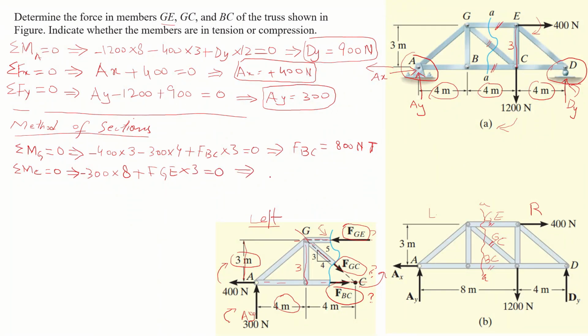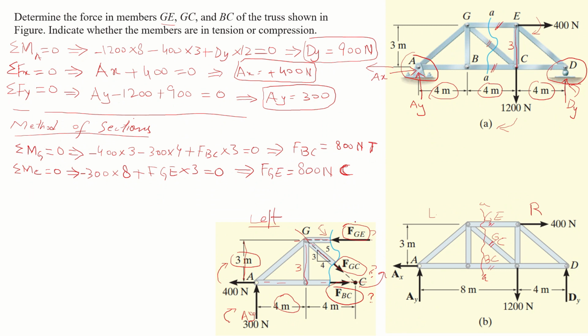The other two forces, FGC and FBC, are passing through point C. They will not produce any moment. So FGE is equal to 800 Newton, and you can see here this force is pointing towards the G point, so it is compressing G point. So we say that this is a compressive force. We place a C here to show that this is a compressive force.